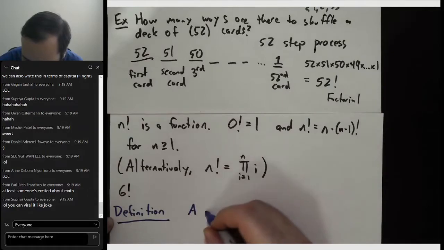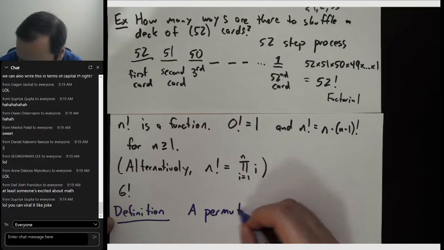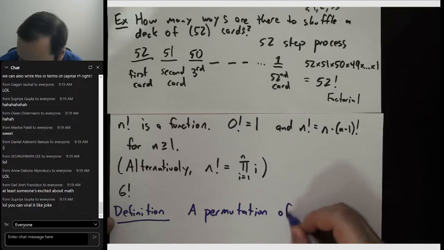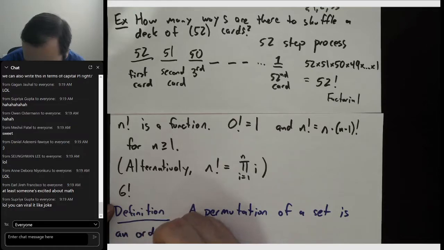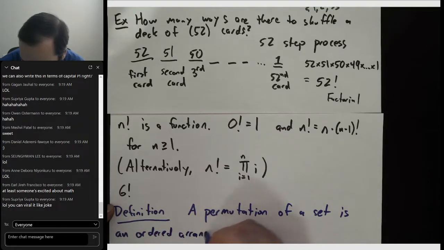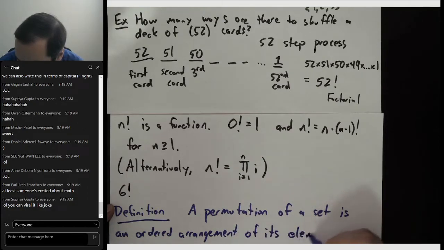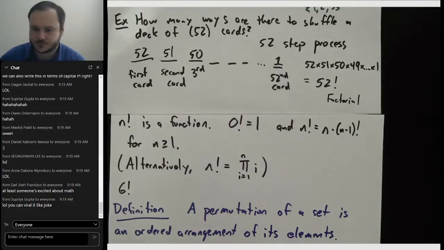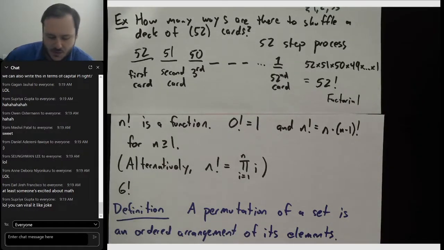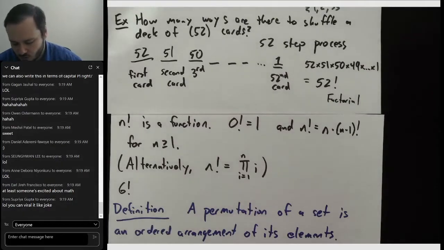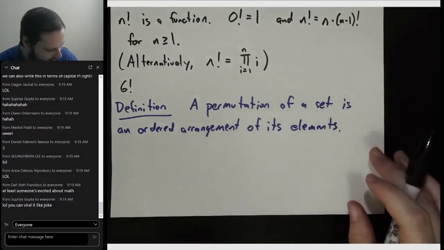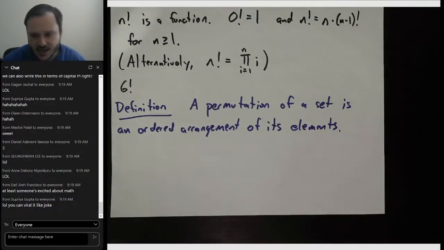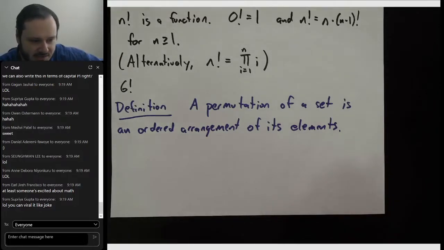So a permutation of a set is an ordered arrangement of its elements. So we put the elements of a set in an order. That's a permutation. In this case, we can think of putting the cards of the deck in an order. That's what shuffling is.